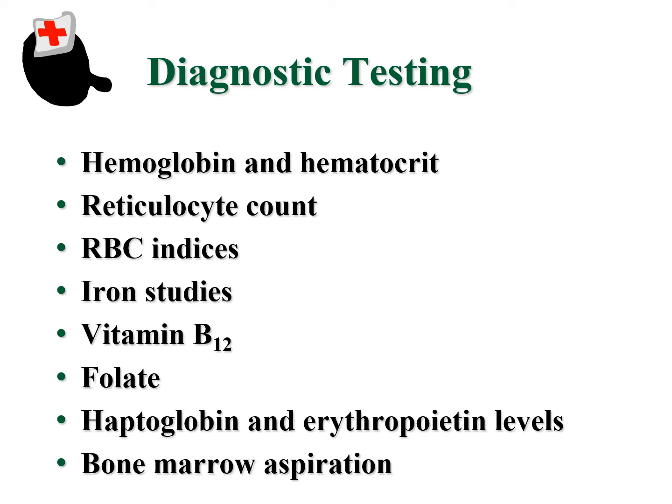And then we can determine whether this is a production issue of red blood cells, or are the red blood cells being destroyed after they are produced by the bone marrow. So there are a lot of different diagnostic tests that we can run to determine the cause of the anemia.